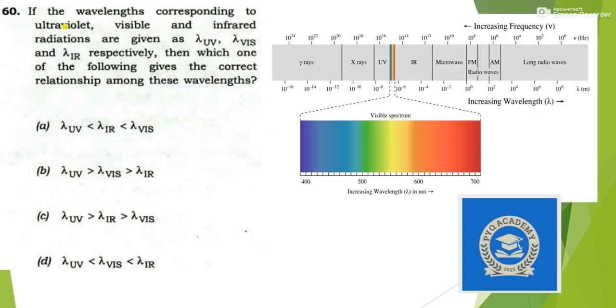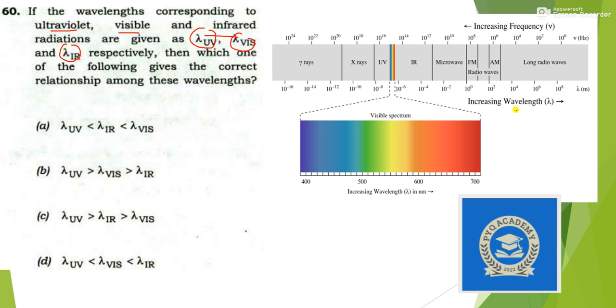Yes, this was an easy question. The wavelengths corresponding to ultraviolet, visible and infrared are given as lambda UV, lambda VIS and lambda IR, that is, infrared. What will it be when we compare them? This is the electromagnetic wave spectrum, which you should remember.